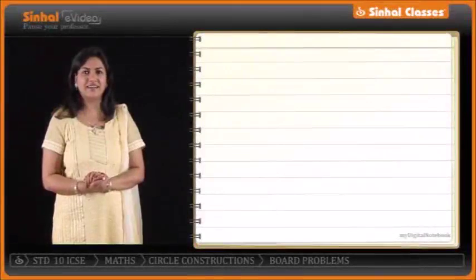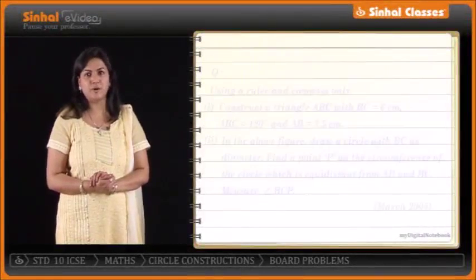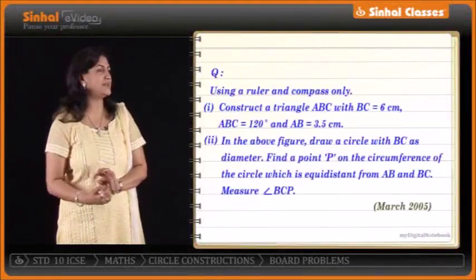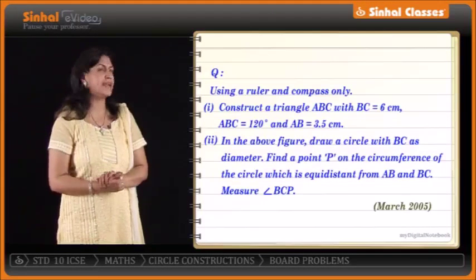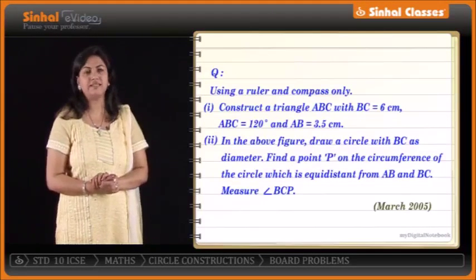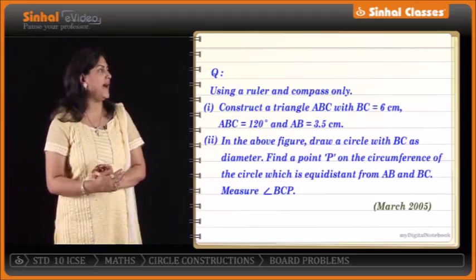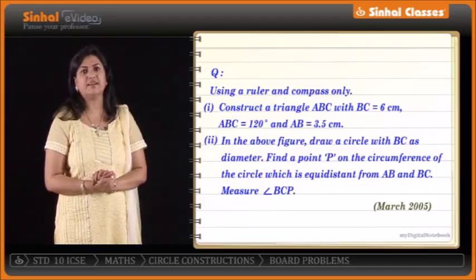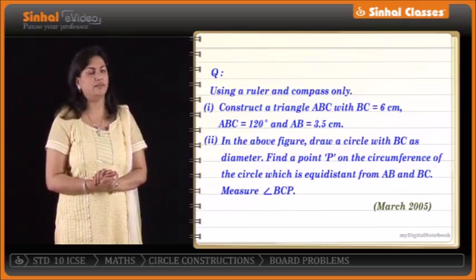Now let's look at our next problem, which is the March 2005 board question. It says, using a ruler and compass only, construct a triangle ABC with BC as 6 cm, angle ABC as 120 degrees and AB as 3.5 cm.